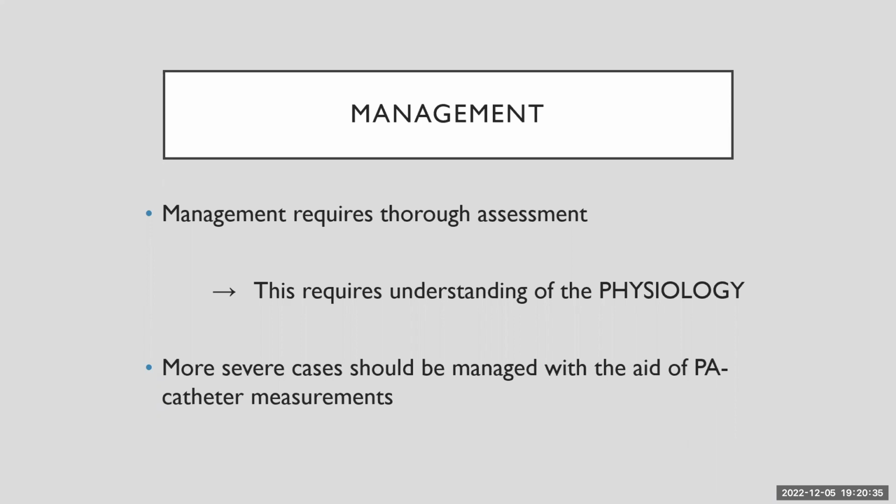Much of the management of many of these patients can be done simply with an arterial line and a central venous line. But for more advanced patients who are requiring escalating therapy, you can consider placing a pulmonary arterial catheter, which allows you to measure and quantify cardiac output and systemic vascular resistance.